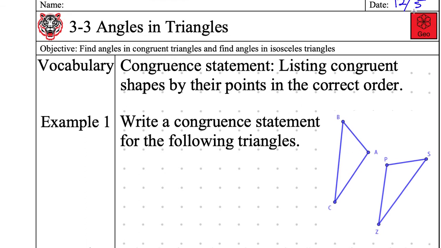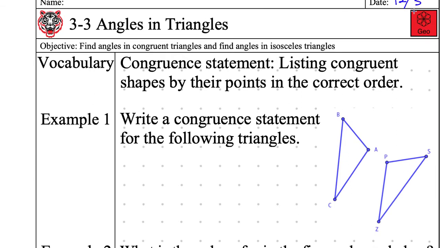It's a tool. A congruent statement. It's listing congruent shapes by their points in the correct order. So it has to be in the correct order. For example, if I have triangle ABC and I say that is congruent to triangle DEF, that means that AB and DE, those two line segments, are congruent.